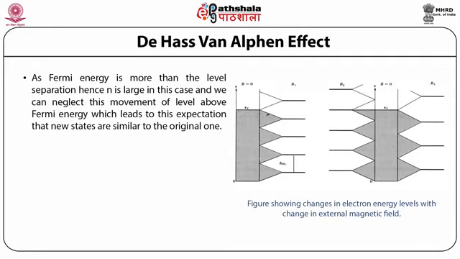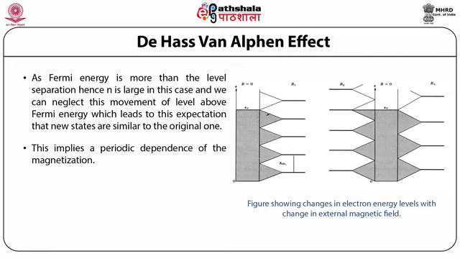As the Fermi energy is more than the level separation, hence small n is large in this case, and we can neglect the movement of levels above the Fermi energy, which leads to the expectation that the new states are similar to the original ones. So we achieve the periodicity. This implies that periodic dependence of magnetization is achieved.